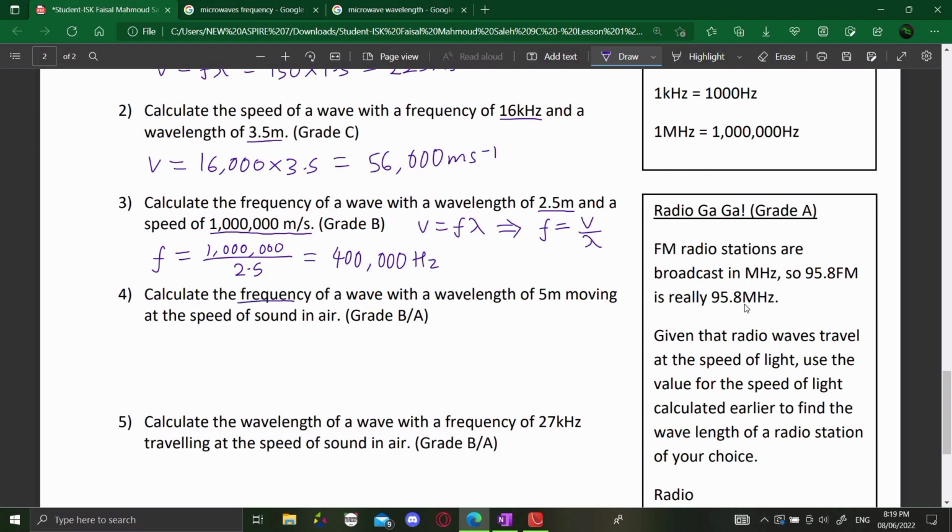Alright, finding the frequency, and we're given a wavelength of 5 meters, and it's moving at the speed of sound. The speed of sound in air is typically about 340 meters per second.